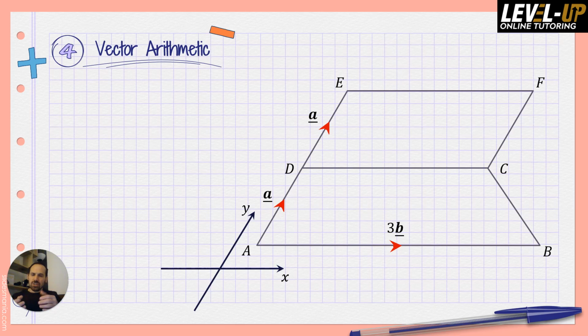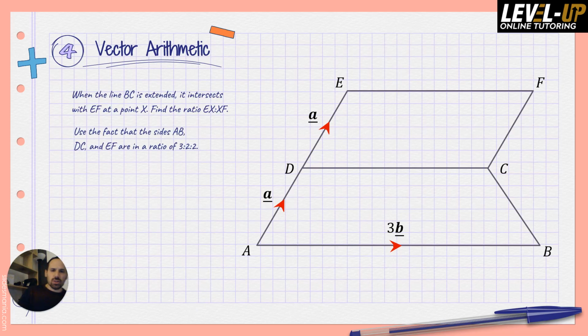Sometimes if all the vectors you've been given are in terms of A and B, it's hard to separate out which one's which. But here, because we can see AD is A, we know A is that direction and B is specifically horizontal because 3B is going that way, so therefore B is also going that way. We now know what the directions of A and B are, which you'll see in later problems will be really important. So I just thought I'd mention that there.